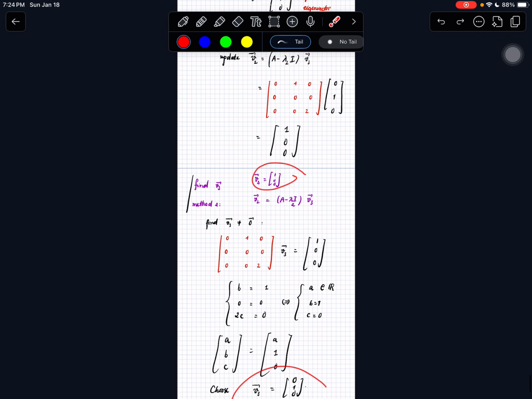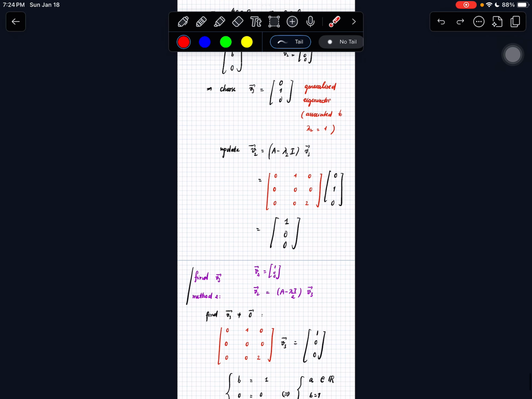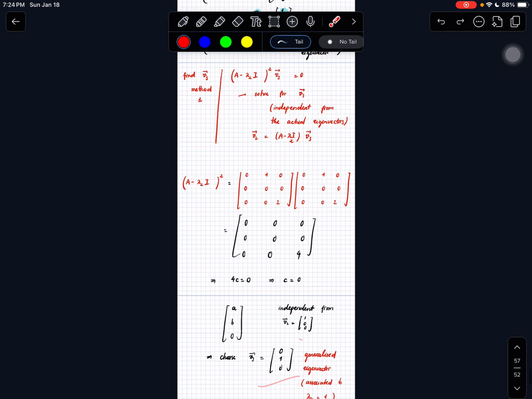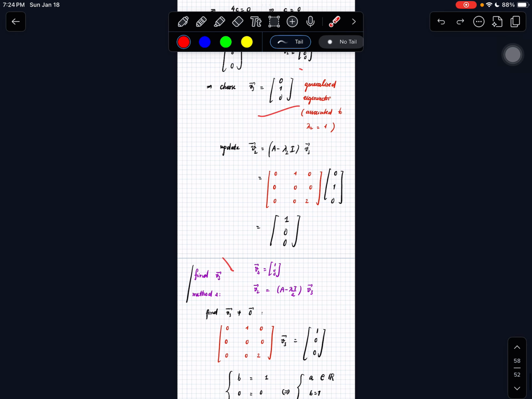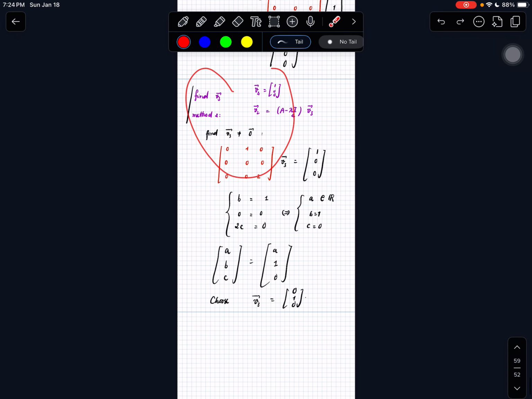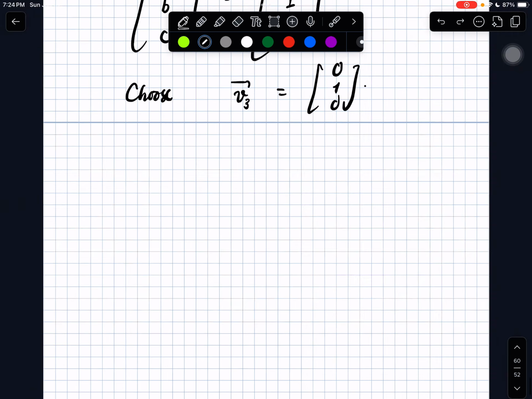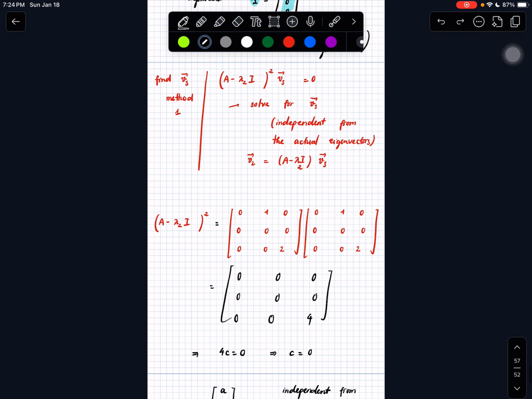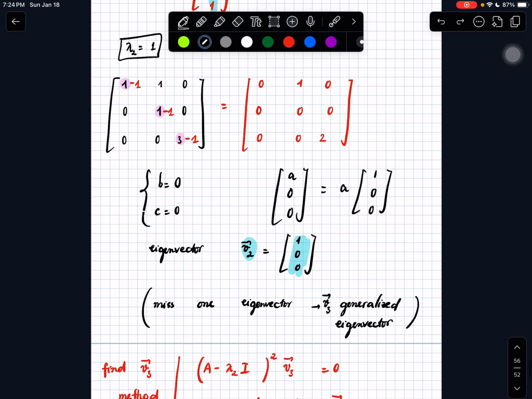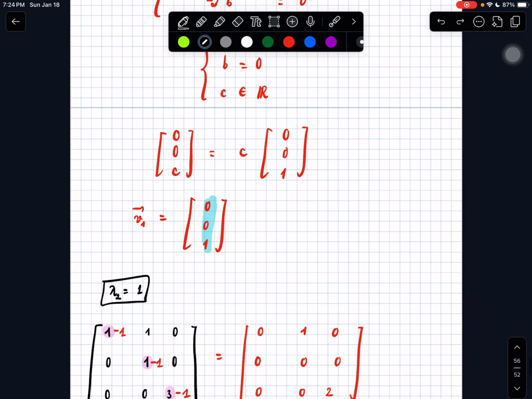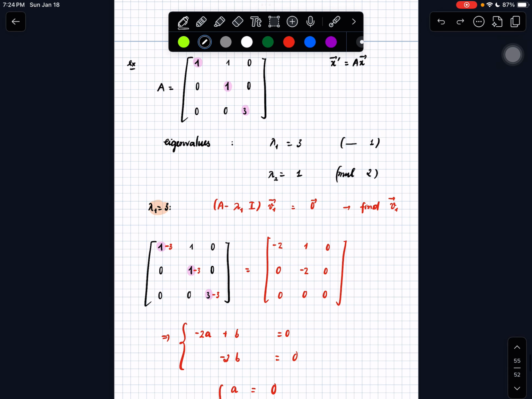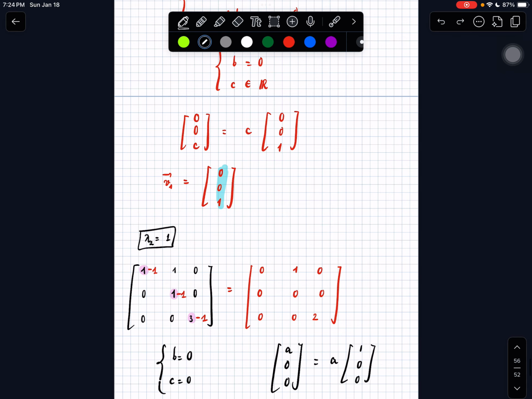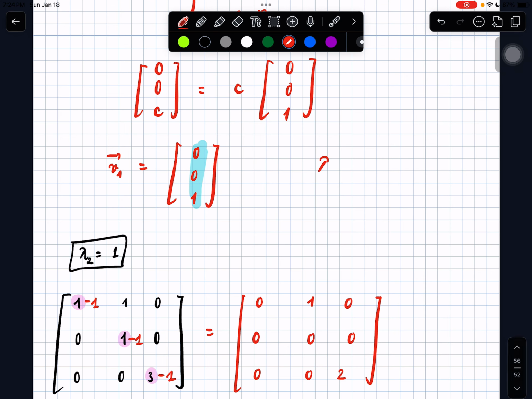We obtain the same thing as for the first method. So it seems to me that method 2 is easier in this case. Now we form a solution. The first one is the actual eigenfunction. It comes from lambda 1 and V1. Lambda 1 is 3.